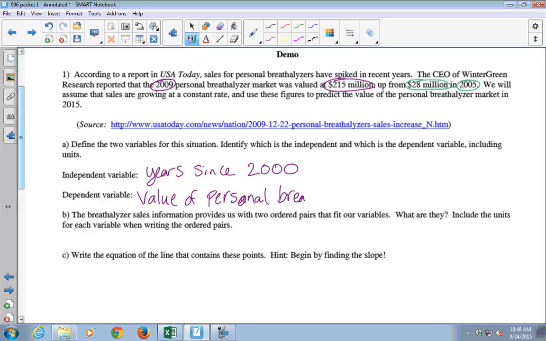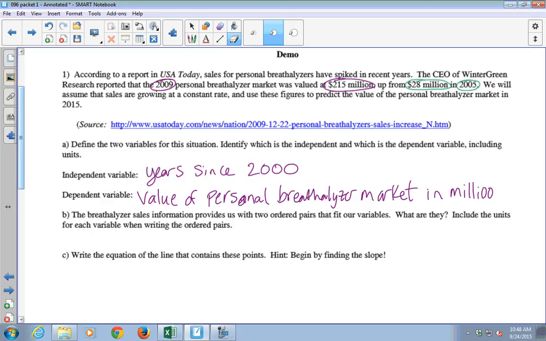Personal breathalyzer market. And let's measure this in millions, right? So that I don't have to write 6 zeros every time I want to tell you how large the market is. In millions of dollars.